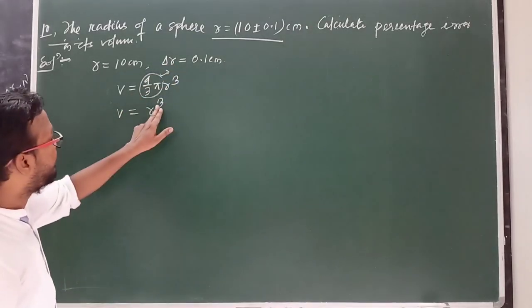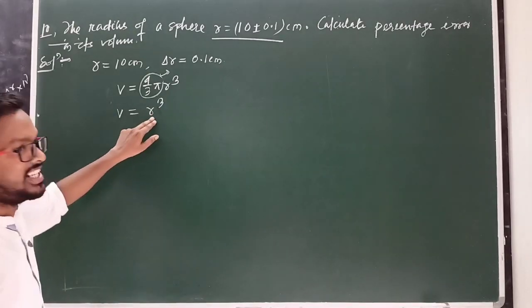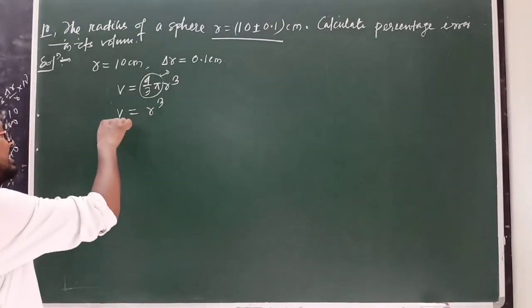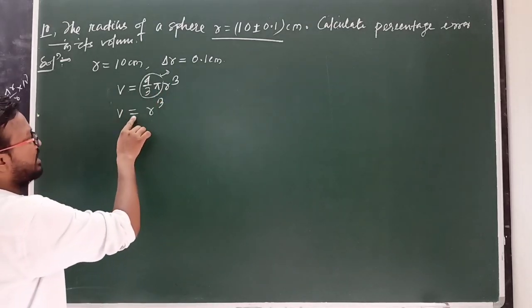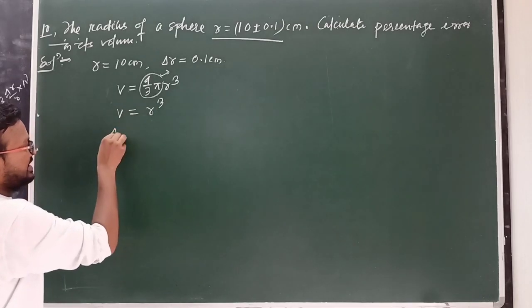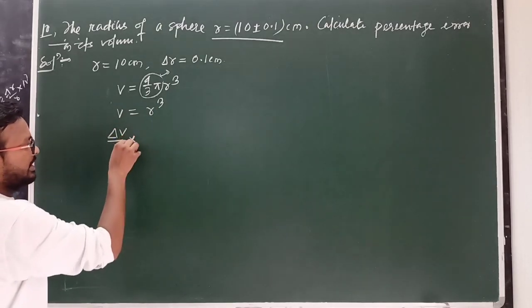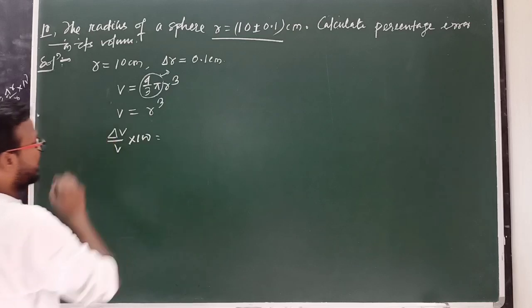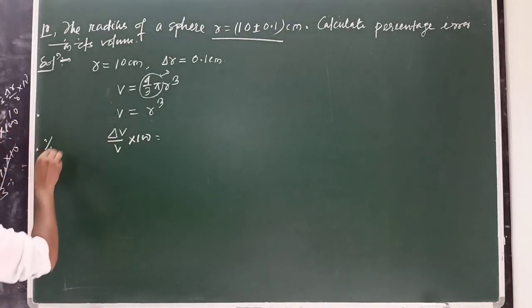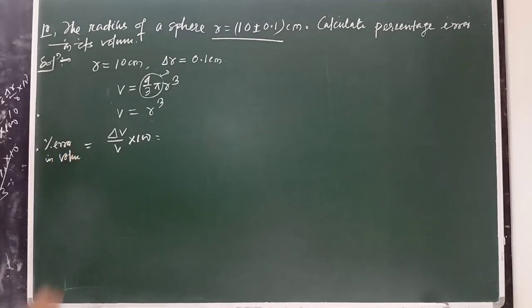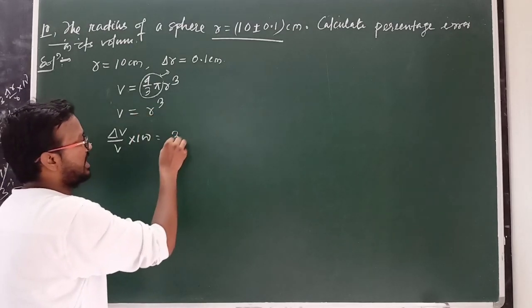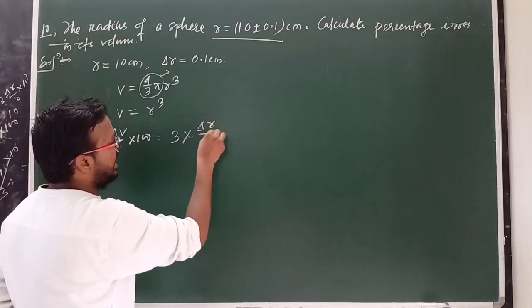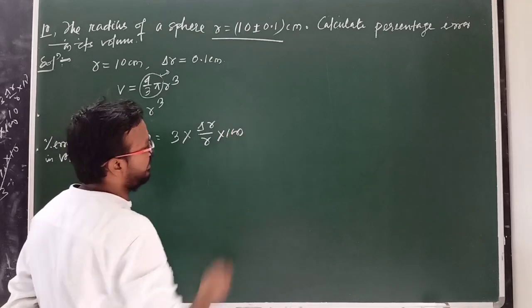Means if the measurement of radius of a sphere consists of error, then the final result also consists of error. So we have to find delta V by V into 100. This is the percentage error in volume of sphere, which is equal to delta V by V into 100. And this is power form, so we can write 3 into delta r by r into 100.